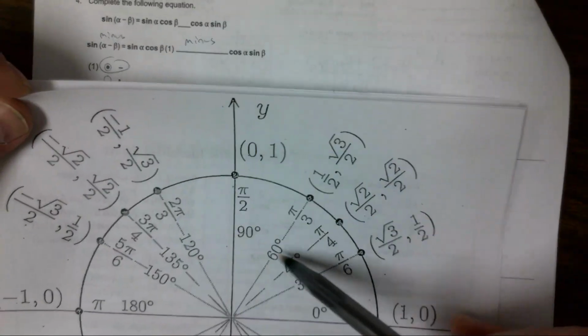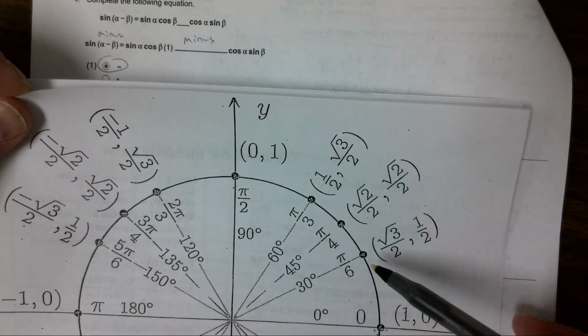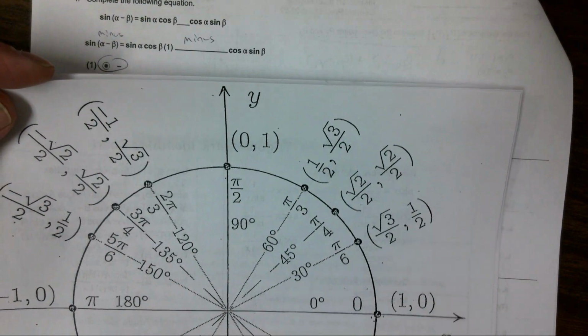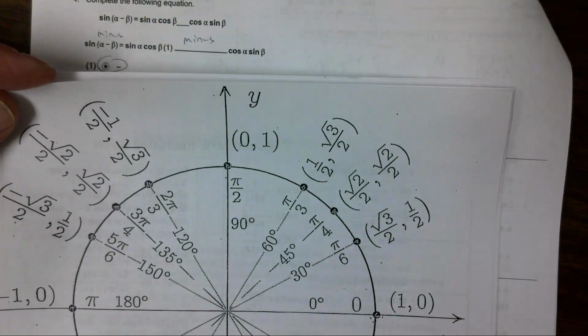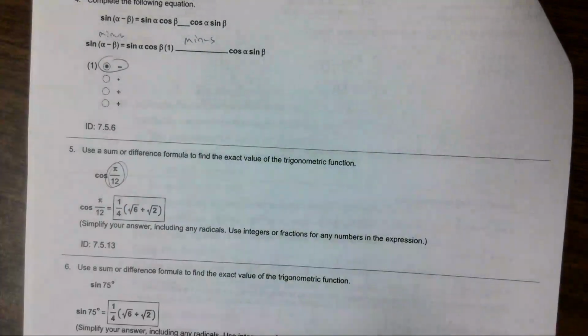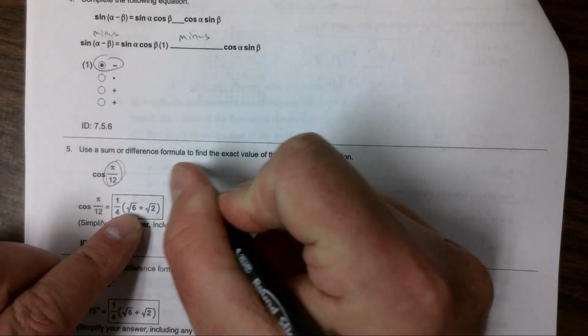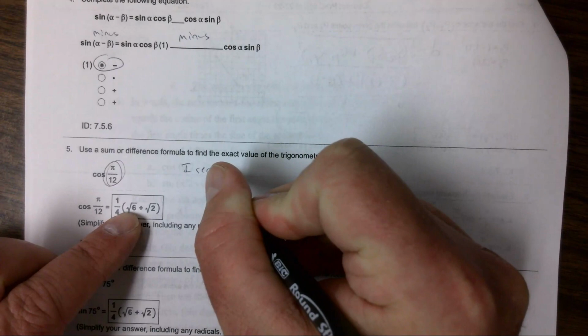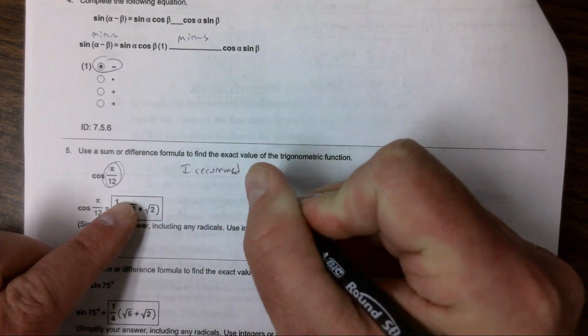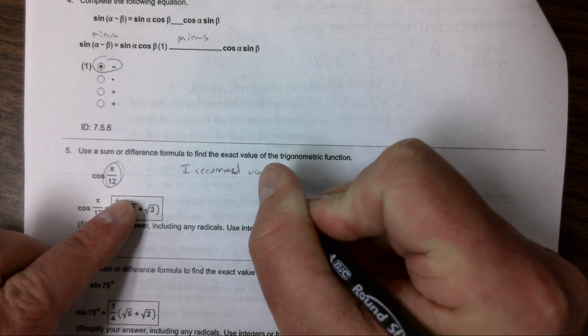Use degrees instead of radians. But if you'd rather view an example and do it that way, that's fine. Whatever works. My recommendation is using degrees.